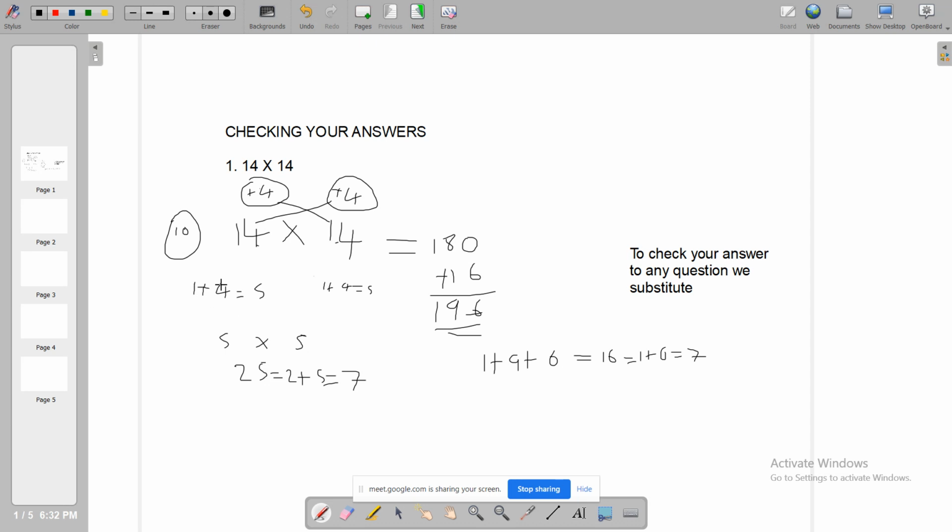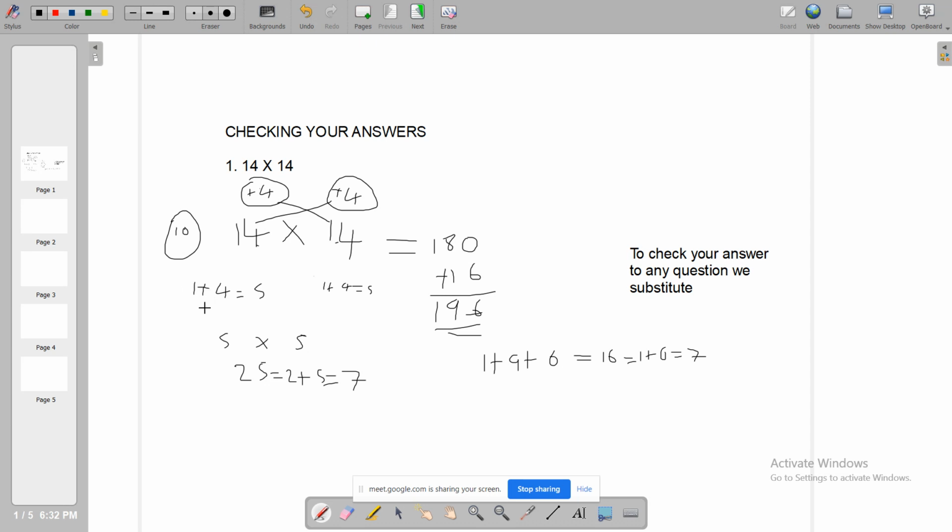Now 25 also has two digits. But we are saying that a substitute answer, a check answer, should be a single digit, not a double digit.